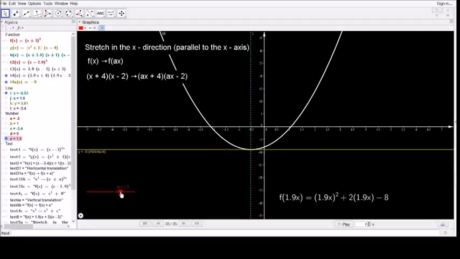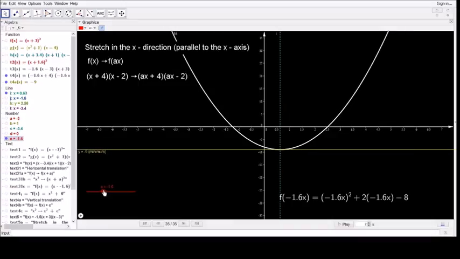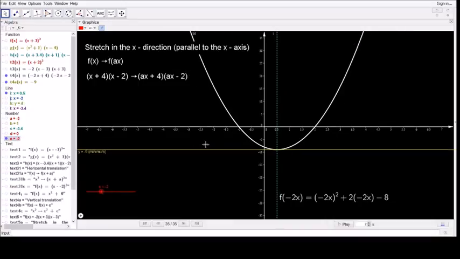If we now take the case of a is equal to -2, we'll find the situation is reversed. We've got the reflection in the y-axis, so the roots are now at -1 and 2, and the vertex is at positive 1/2.